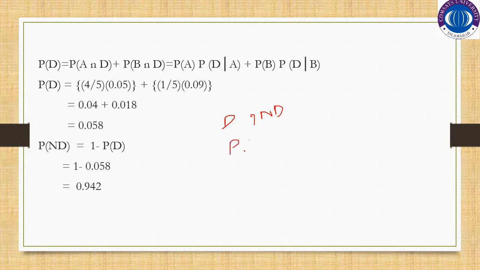So the total probability of selection of a part from the bin would be equal to 1, because for this particular experiment either the defective part will come or the non-defective part will come. So from here, as we already know the probability of the defective part, which is 0.058, we can find out the probability of the non-defective part, which is 0.942.